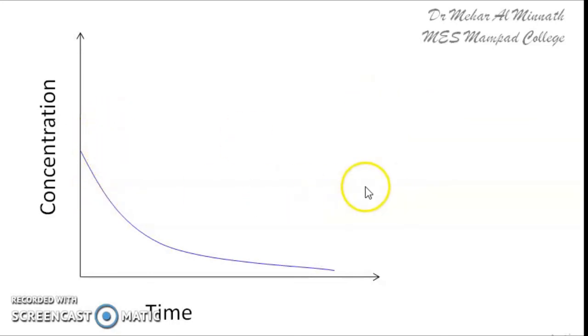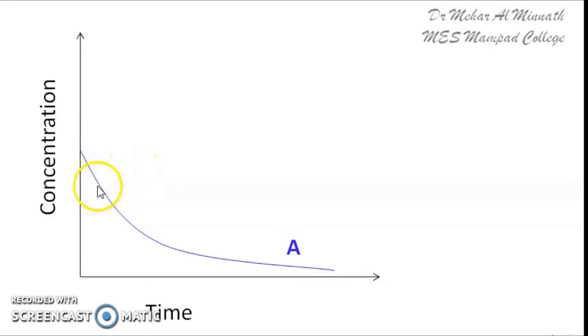Say, for example, suppose your reactant is an acid. Initially, you determine the concentration of the acid by titrating it with a base of known concentration. Now, at every time interval, you take up 2 ml of aliquot, that is, reaction mixture from the reaction pot, and determine the concentration of the acid. Say for every 5 minutes, you carry out this procedure.